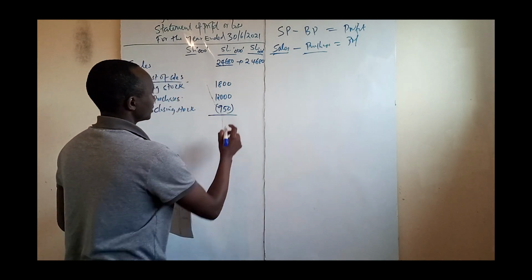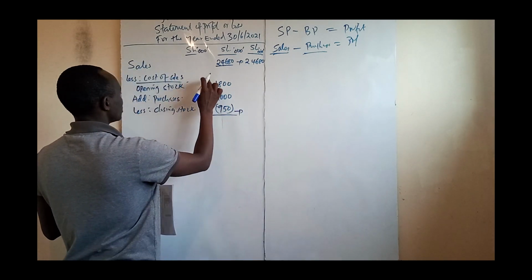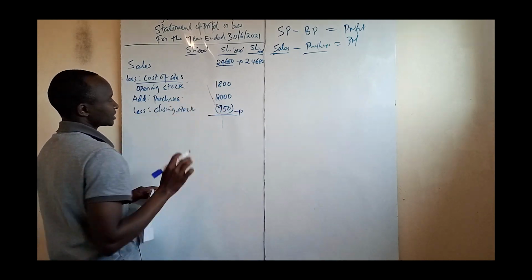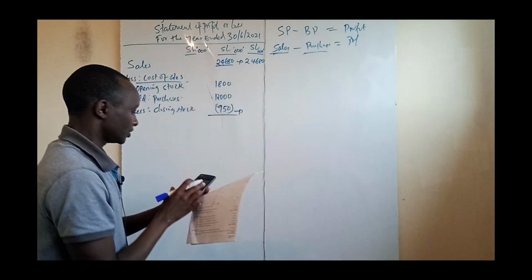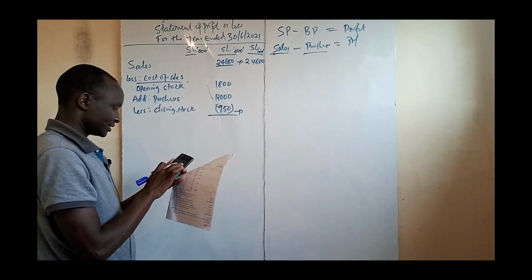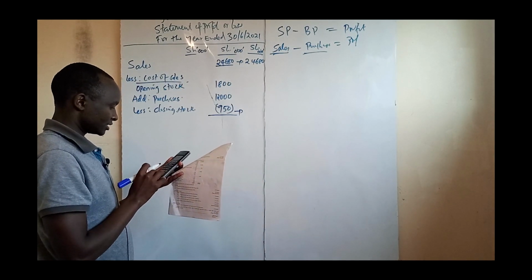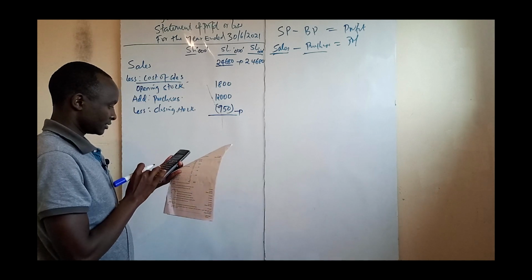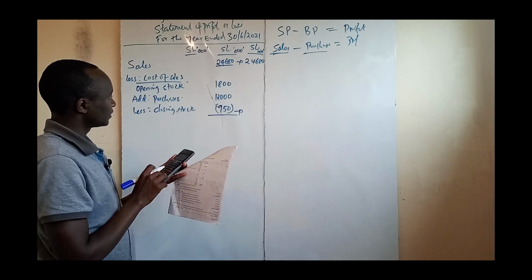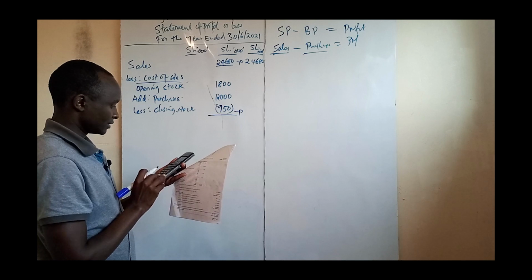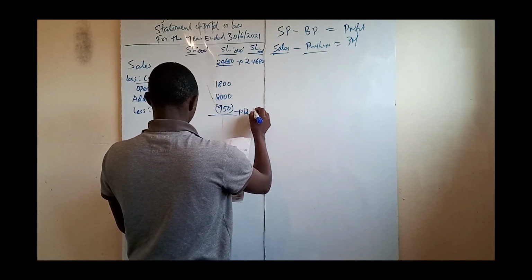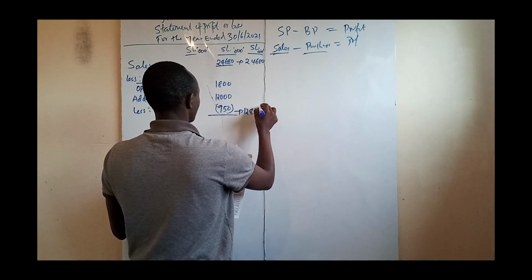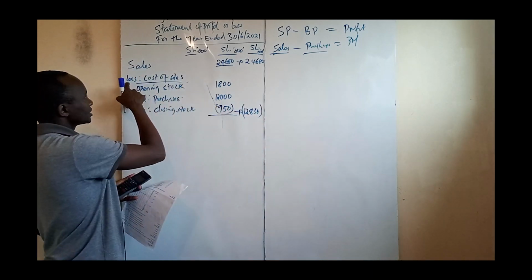When you say the opening stock plus purchases, you less the closing stock, you take the figure to the other side. So you have 1,800, and the figure is 12,850, but we said less cost of sales.